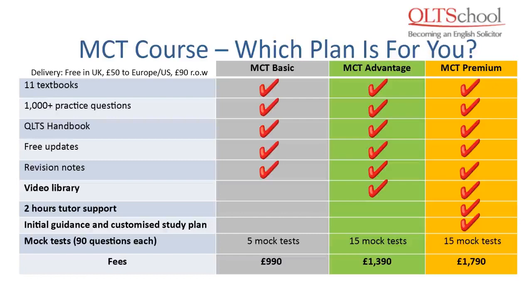The Advantage course also includes our video library. Our Premium course includes 2 hours of tutor support, the initial guidance and customized study plan, and more mock tests than the Basic course. In our experience, most candidates elect for the Advantage course, offering the mix of self-study, additional resources, and the additional mock tests.